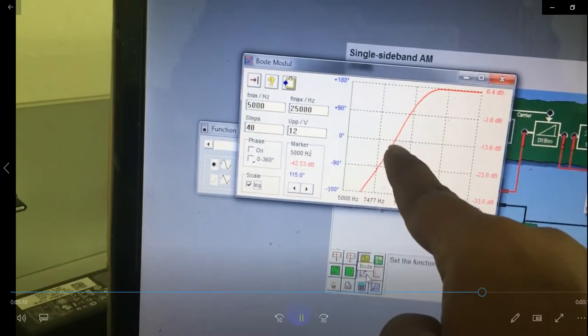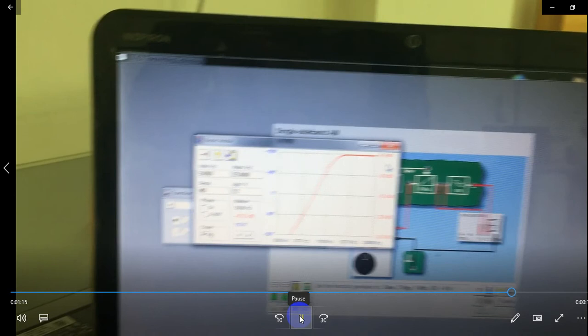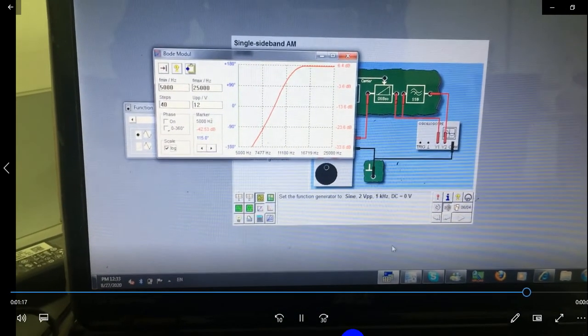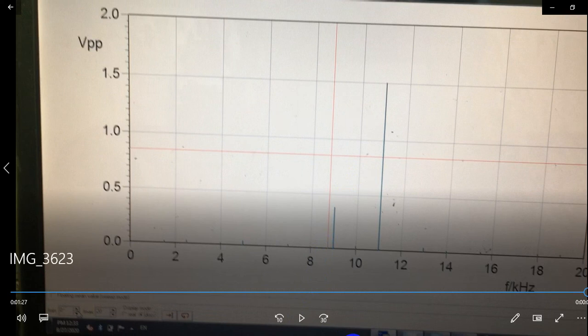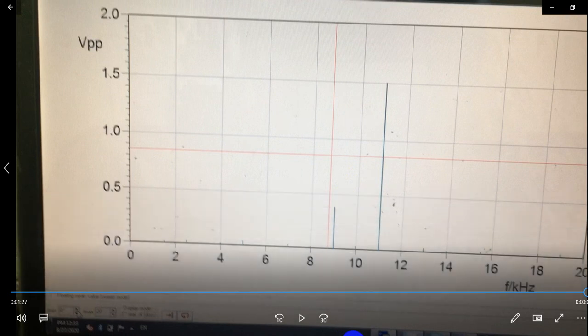Understood? This is the single sideband modulation. So here we conclude our single sideband modulation.